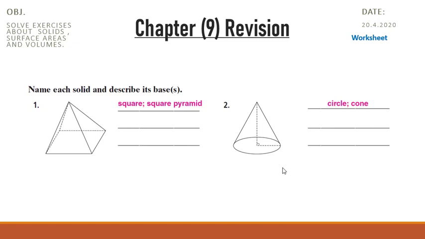Cube. Great. What is the solid that has one vertex? Cone. Great, of course, it's only one. What's the solid that has no vertices, no edges? Sphere, exactly. That's a sphere.